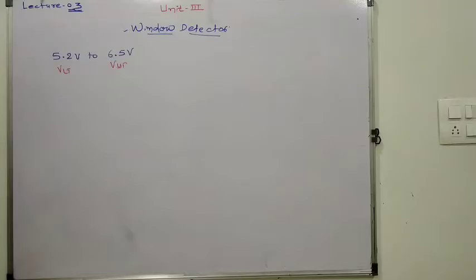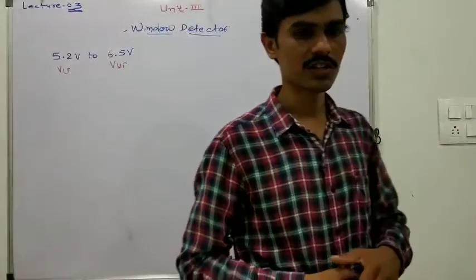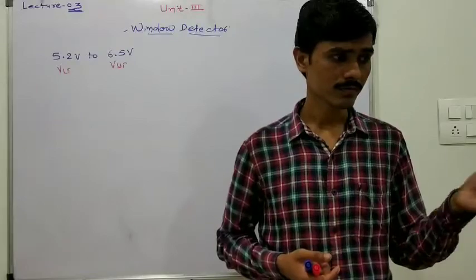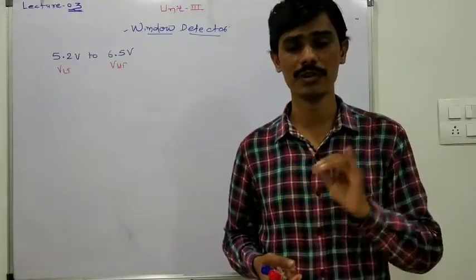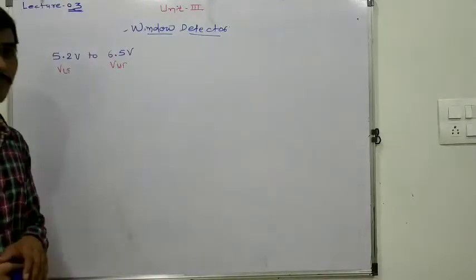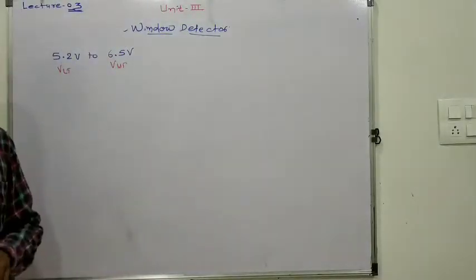Depending on the problem statement, we have to use the pair of operational amplifiers. The design of this window detector is easy. We just have to form a particular combination of the inverting and non-inverting amplifier. Whatever design steps there are, they are very easy to calculate for the components of the window detector.